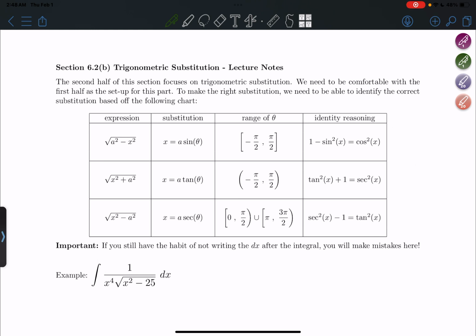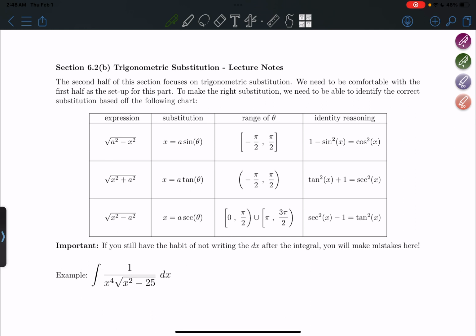Calc 1 stuff at most, other than the very last difficult case, of course, that uses integration by parts. So in some sense, 6.1 and 6.2 part A is not really Calc 2 material, but it prepares you for this section, okay? This particular technique.